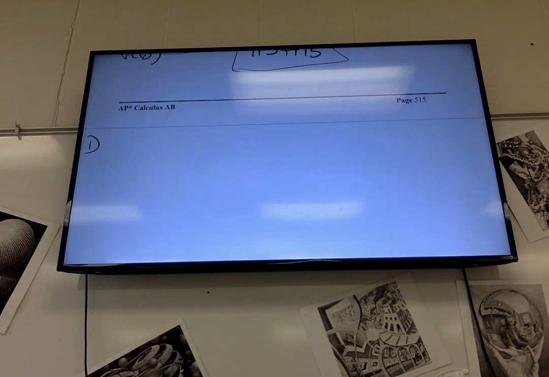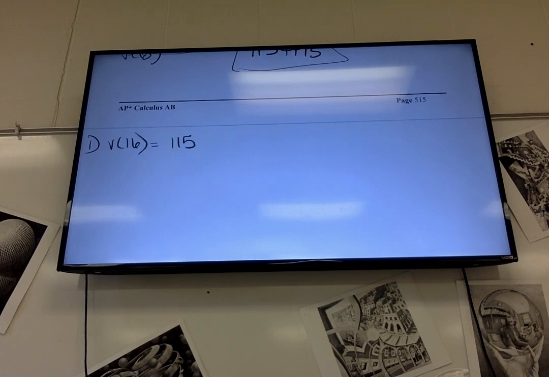Okay, so a minimum. The car's velocity equal to 0. Our minimum would occur at 16. Do you agree? Yes, because that's where it goes from negative to positive. So we just find v of 16.